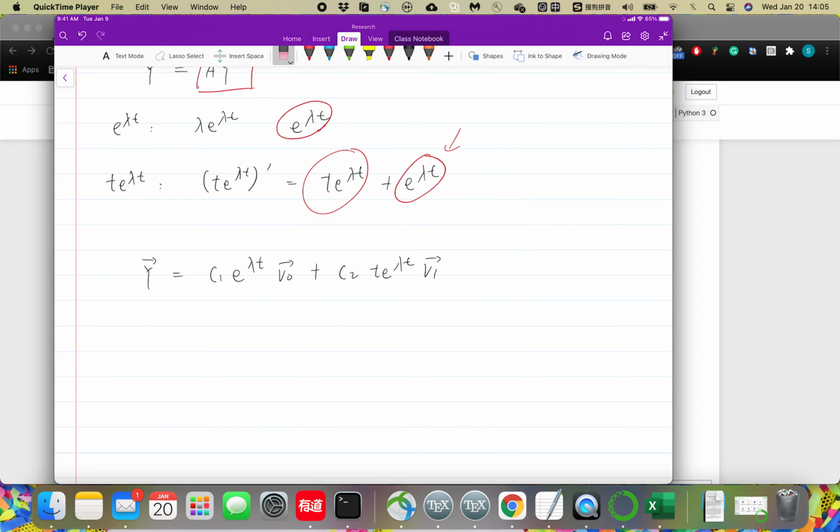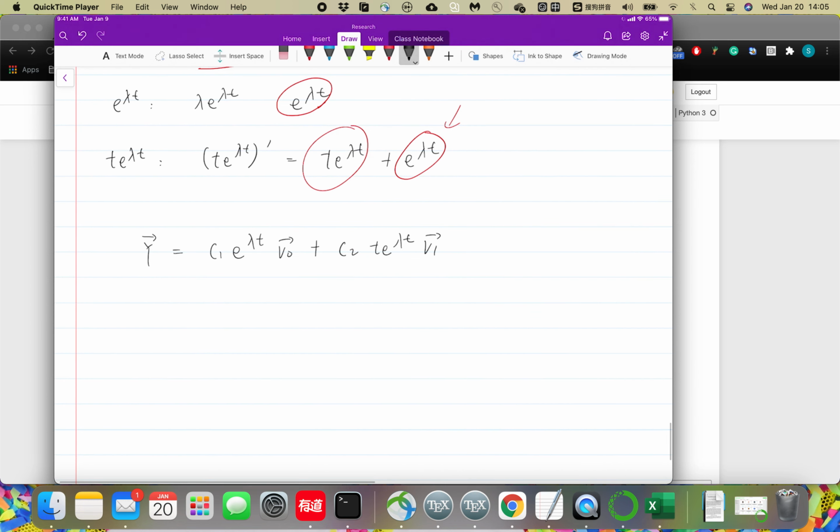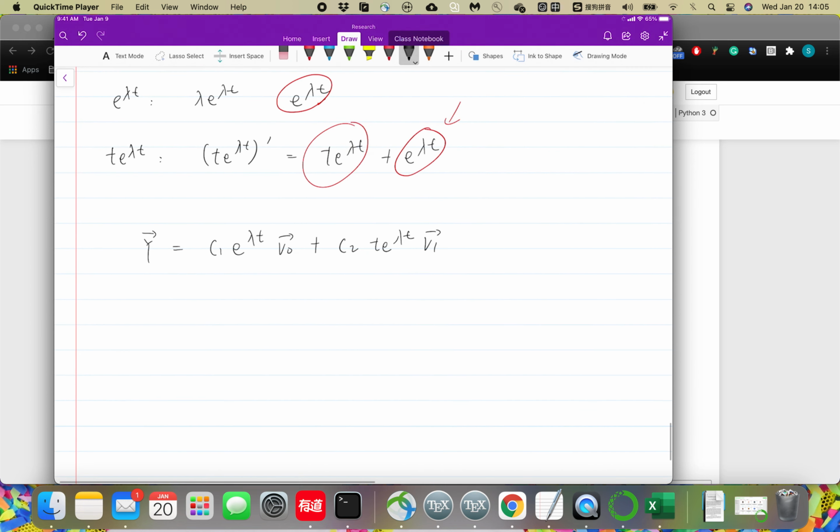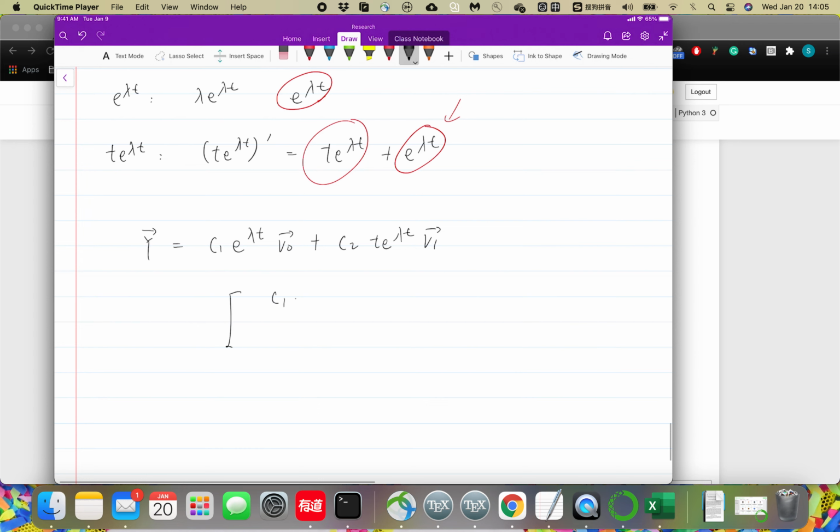Moreover, later we will see your v0 and v1 cannot be decomposed so cleanly into a constant times another constant, because you may very possibly have something like this.